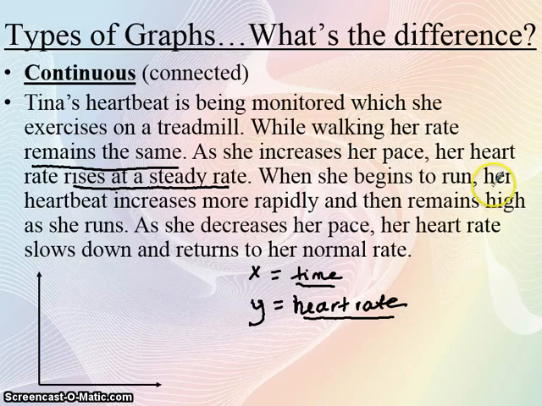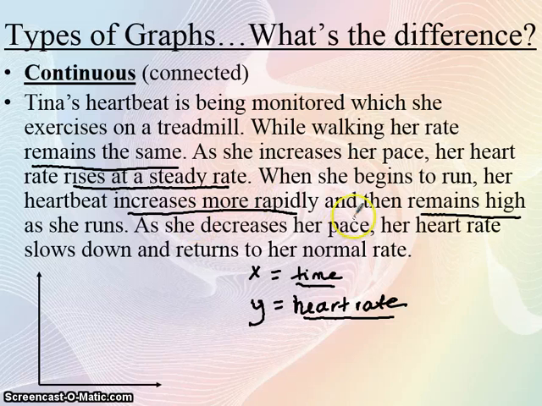When she begins to run, her heartbeat increases more rapidly and then remains high as she runs. As she decreases her pace, this decreases is referring to the pace, not her heart rate. Her heart rate slows down and returns to her normal rate.